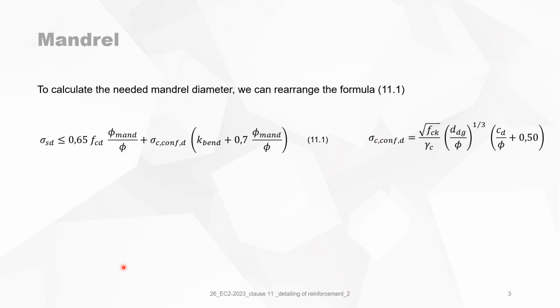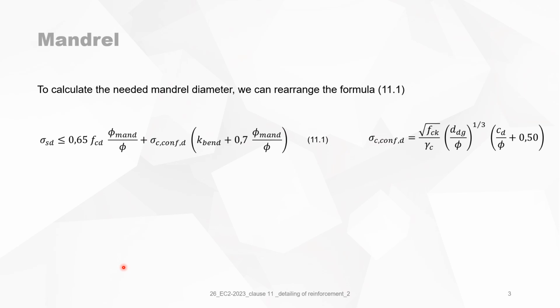We've seen that if you use the minimum mandrel diameter in this formula, you run into trouble because sigma SD is smaller than the design value of the yield strength. So that creates a problem.